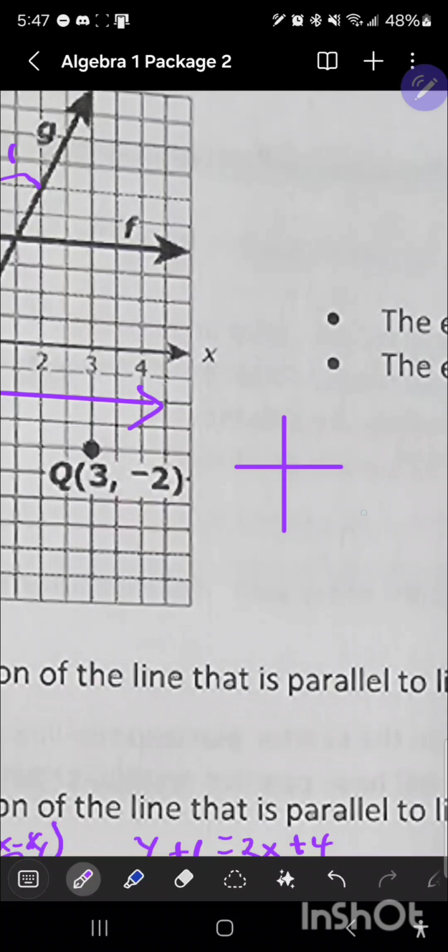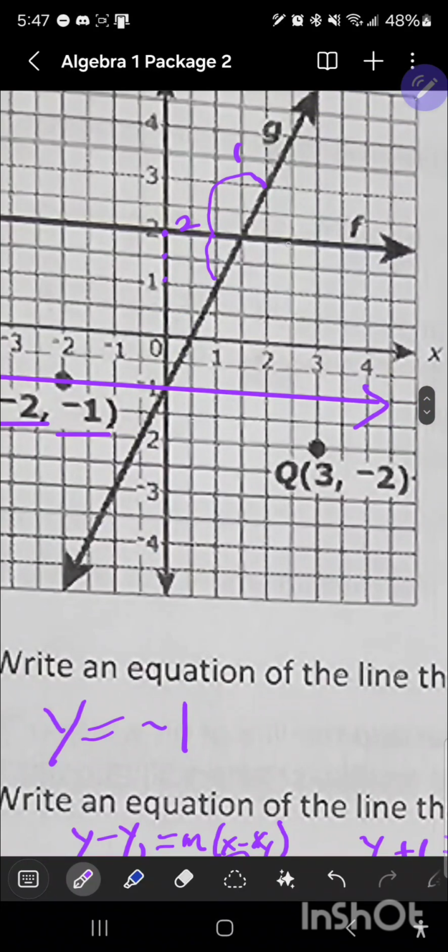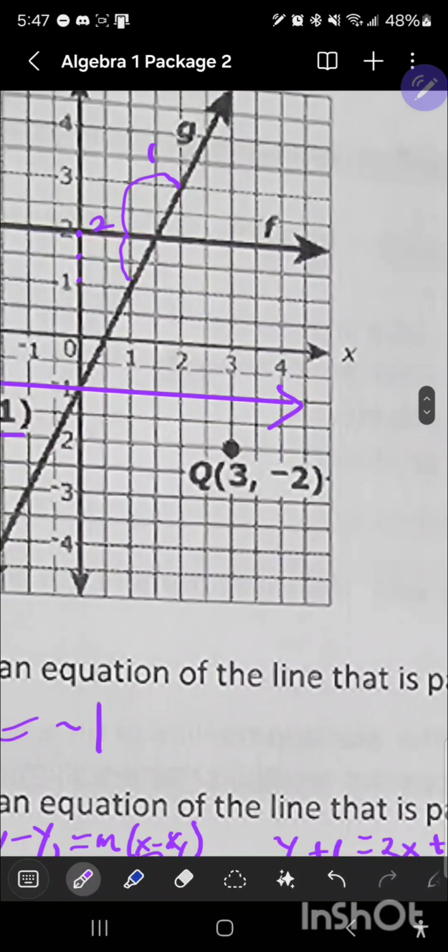If we have a vertical line, the perpendicular line will be a horizontal line. So we have a horizontal line right here, and we want a perpendicular line that passes through the point Q. We're going to do something like this, and this is the line we want.